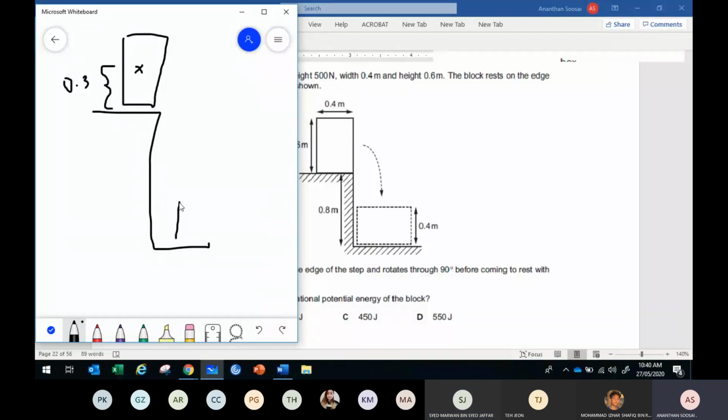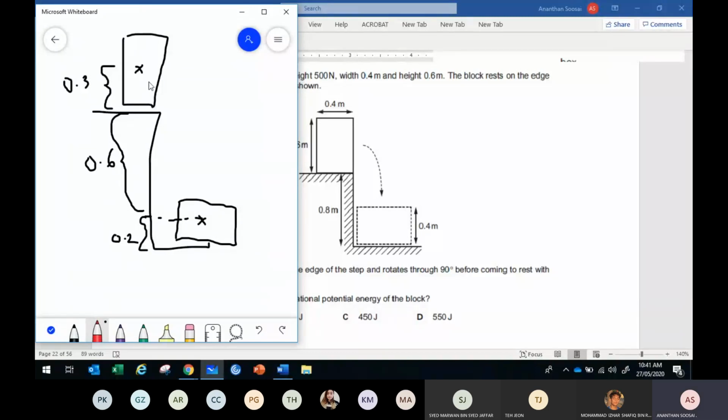Then after that, it falls back here. Where's the center of gravity now? The center of gravity must be 0.2 meter above the bottom. This has 0.3 meter. What is this distance? This distance is 0.6, right?